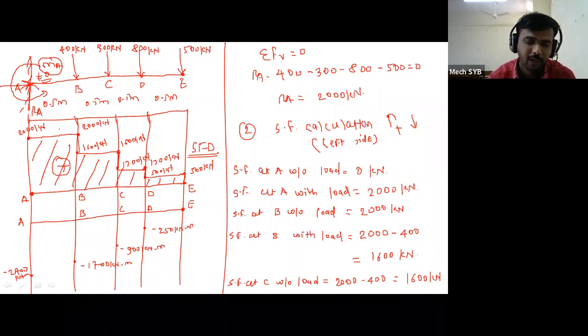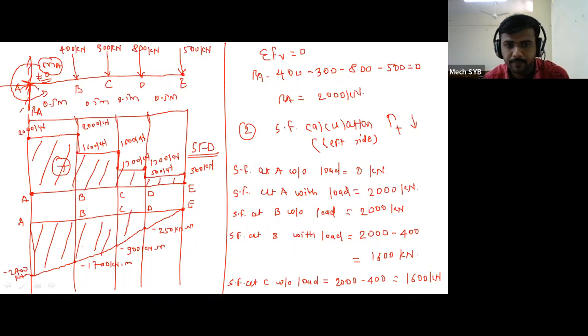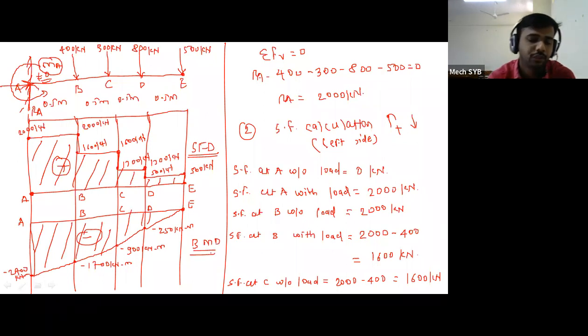Therefore we need to represent all the points using inclined lines. So D to E inclined line, C to D inclined line, B to C inclined line, A to B inclined line, and you have to join the points like this, and this is your negative region, that is the BMD. So this is the problem based on SFD and BMD for the cantilever beam.